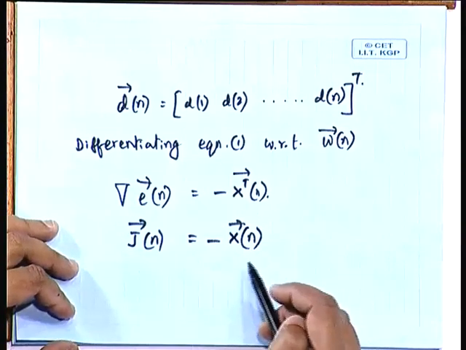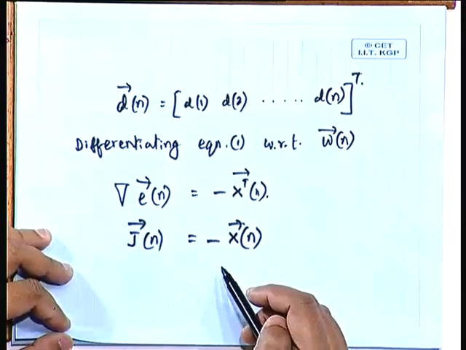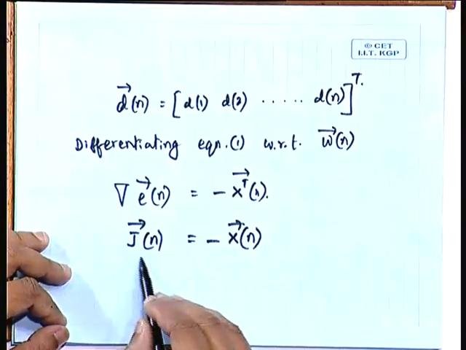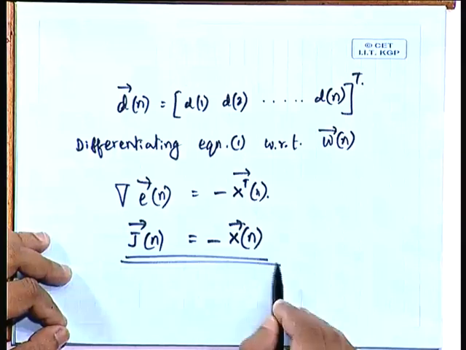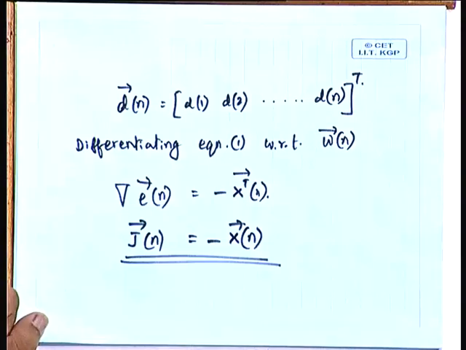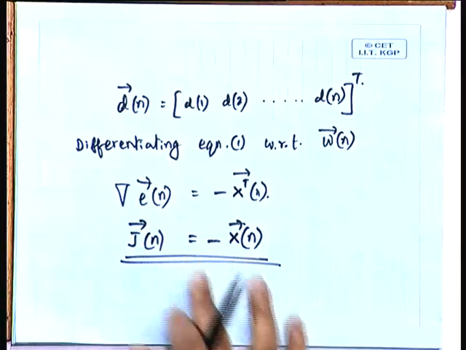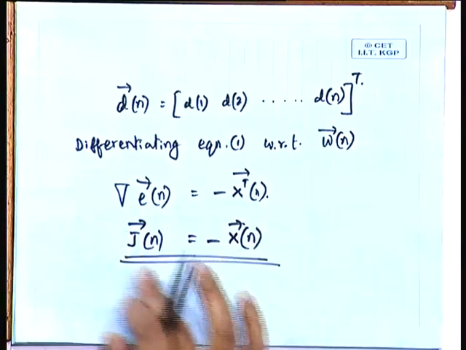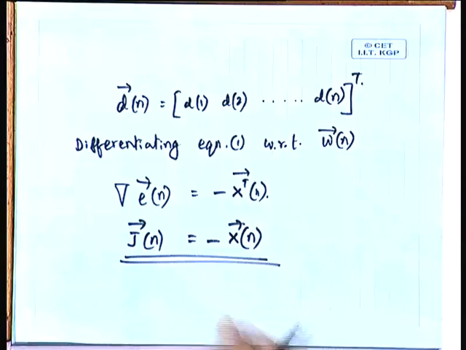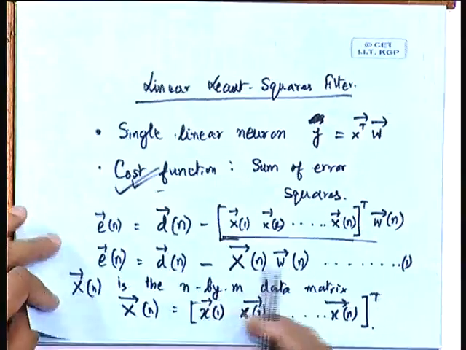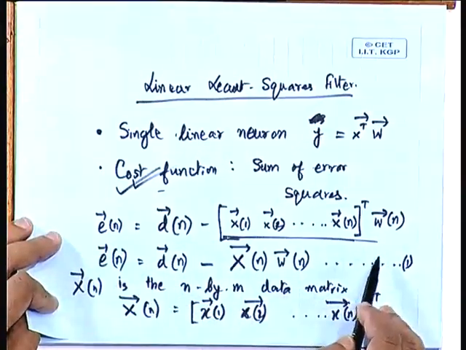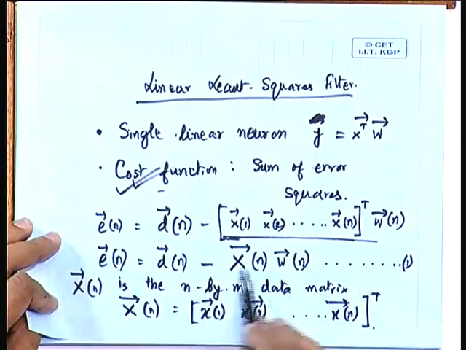So J n equal to minus x n, and this is a very interesting expression that we have got, all right. And now we are in a position to, I mean this relation, how did we obtain?